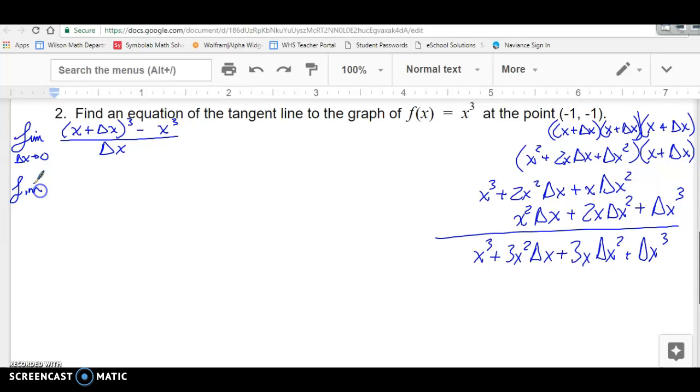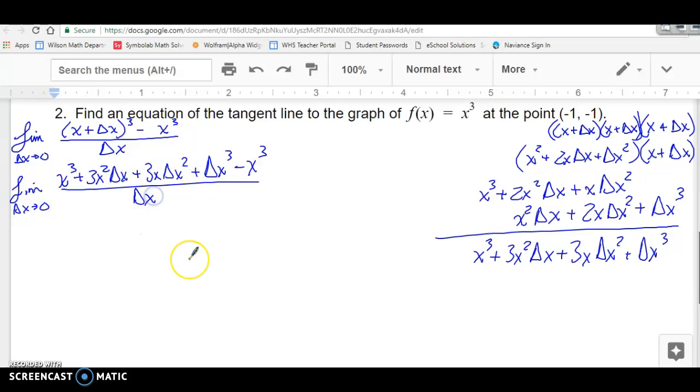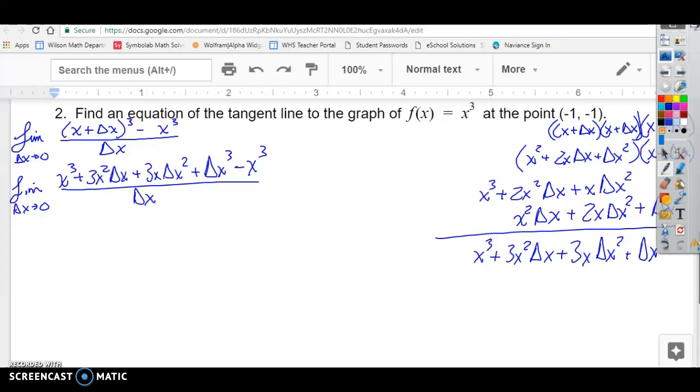This is what I'll plug in over here. So I got the limit as delta x goes to 0 of x cubed plus 3x squared delta x plus 3x delta x squared plus delta x cubed minus x cubed, all over delta x. Again, things that will cancel out here will be x cubed and x cubed.